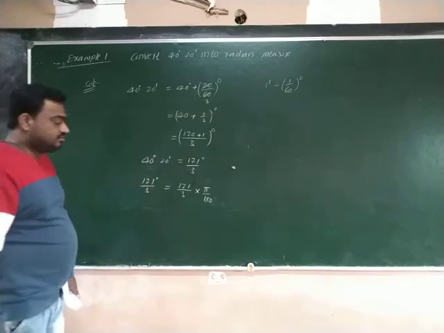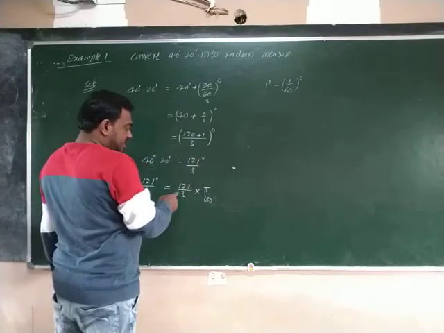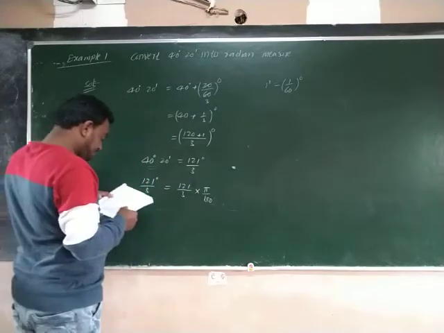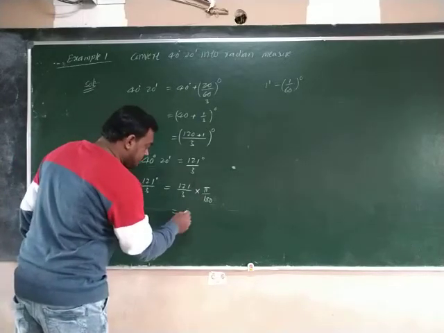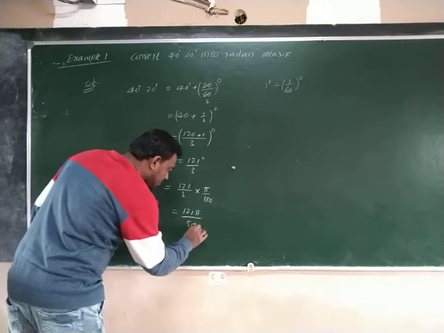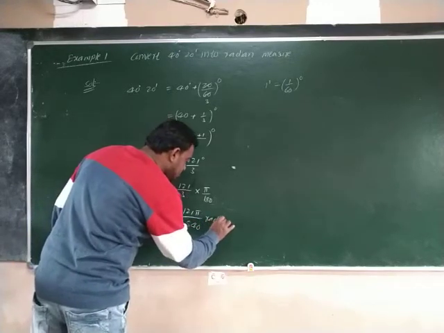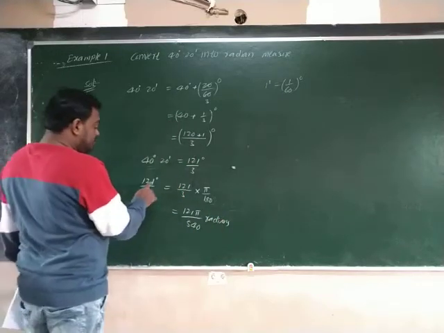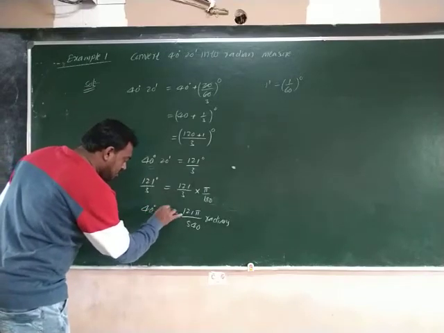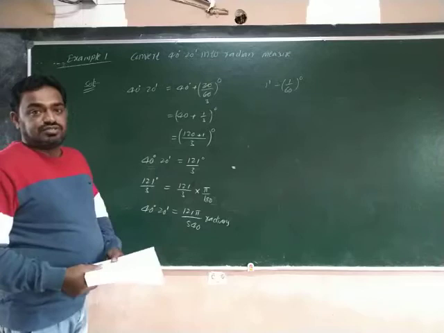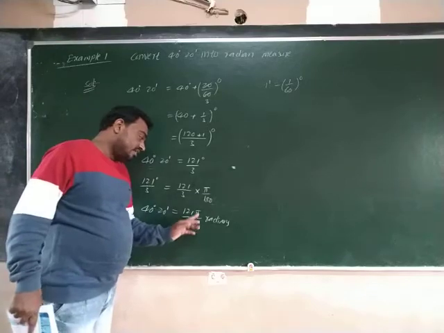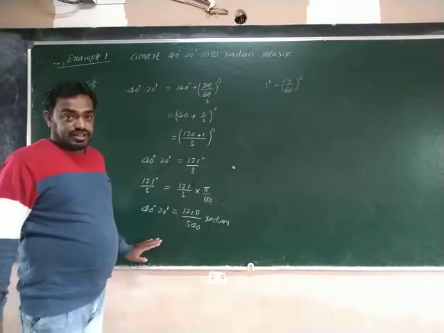It does not cancel, so this is equal to 121 pi by 540 radians. So 40 degrees 20 minutes is equal to 121 by 540 pi radians. This is the conversion.